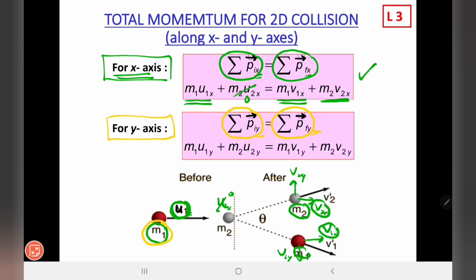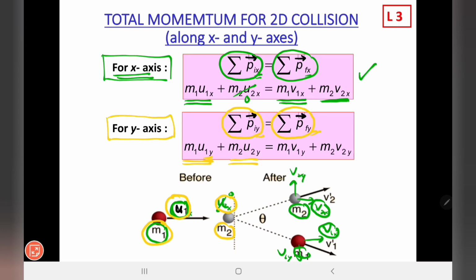Again, M1 and then U1, but remember it must be U1y. That one is the total momentum of the first body, and then for the second body, the total momentum should be M2 and U2, but it must be U2y. That one is the total momentum of the second body.